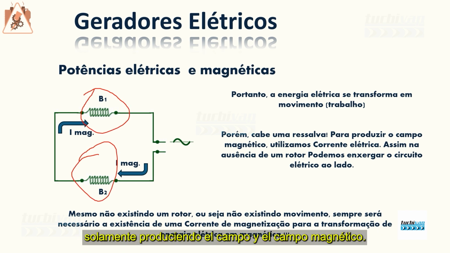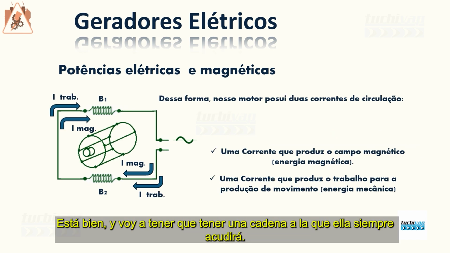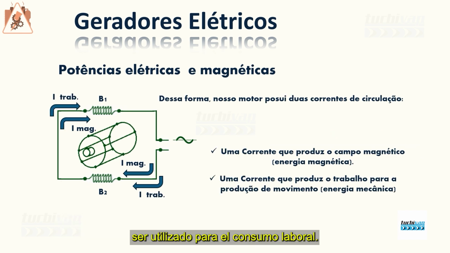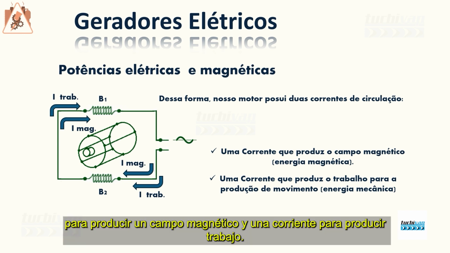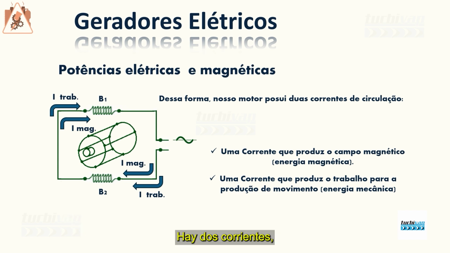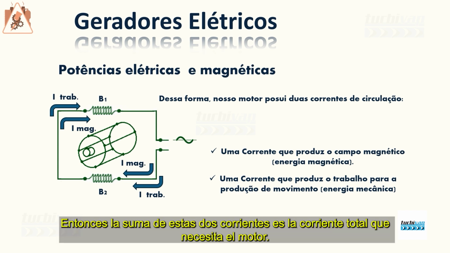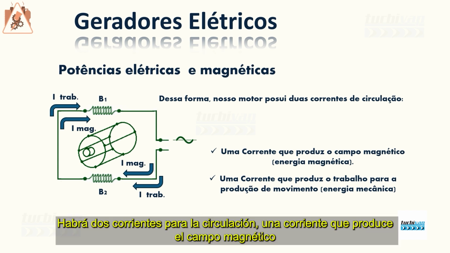There are 2 currents, so the sum of these 2 currents is the total current that the motor needs. Then the engine will have 2 currents circulating: one current that produces the magnetic field, and a current that will produce the work to produce the movement. Okay, so the magnetic field will produce work on the rotor, but I need a current to produce the magnetic field, which is then this.